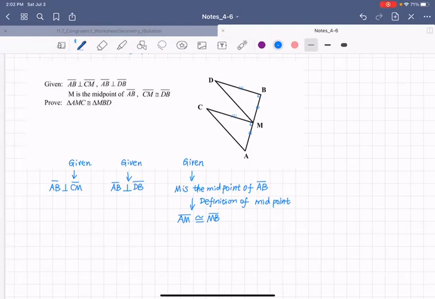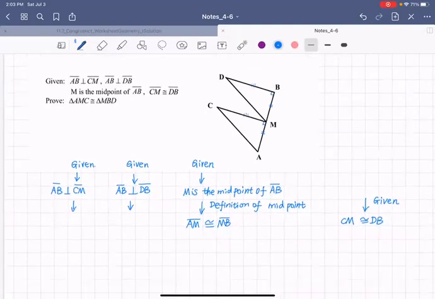Line CM is congruent to line DB. Correct. Makes sense. Yeah. Okay. And we want to write down one more step. And we can say triangle AMC is a right triangle. Okay.